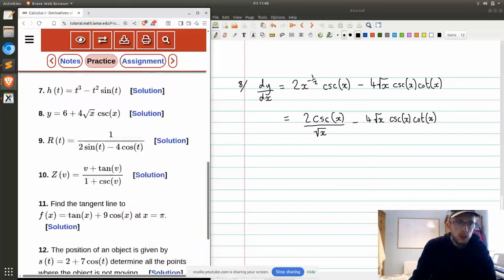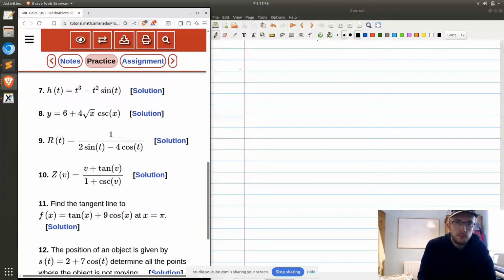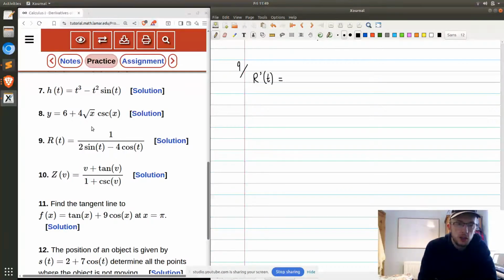Okay, ninth one now. So it's really the quotient rule, isn't it? Except the top function happens to be a constant function. So r prime of t should be f prime g minus f g prime all over g squared. So f prime is, well, it becomes nothing.